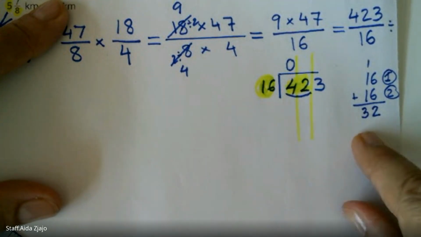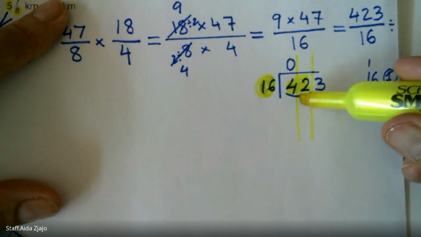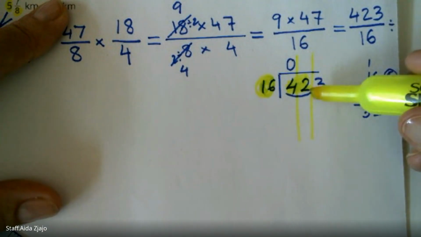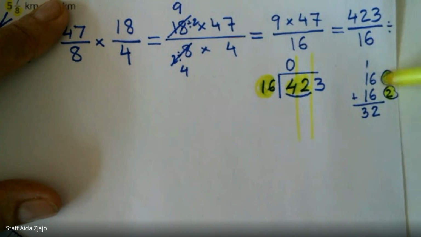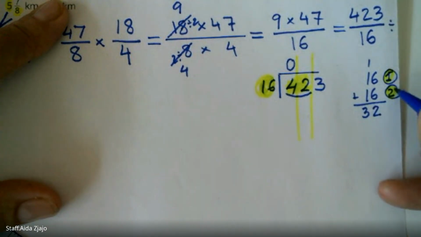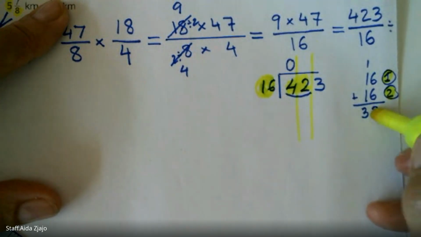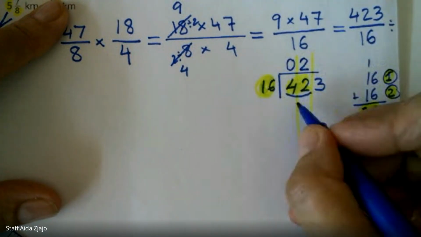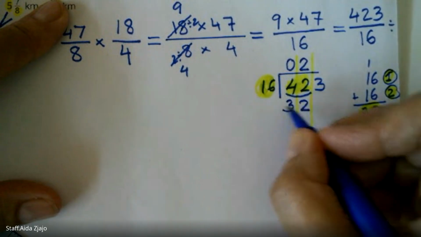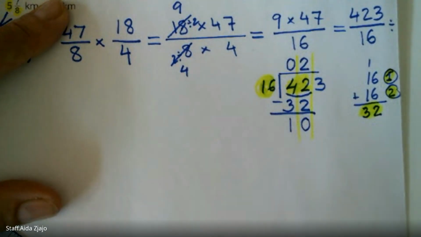If I add one more group of 16, it would be more than 42, so I had to stop. There are 2 groups of 16 in 32. 2 times 16 is 32. When I subtract, I get 10 left over.